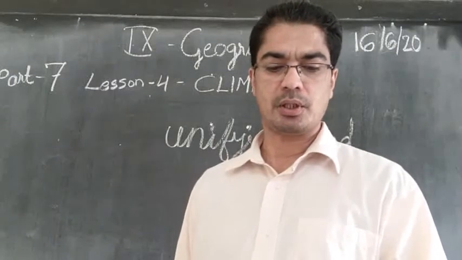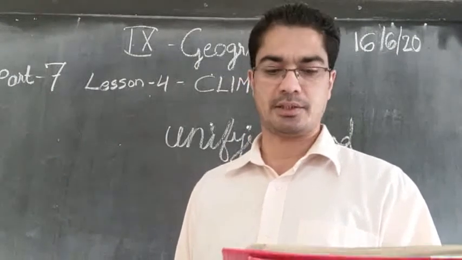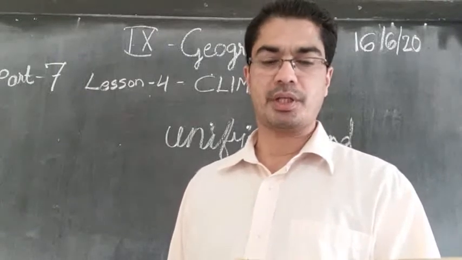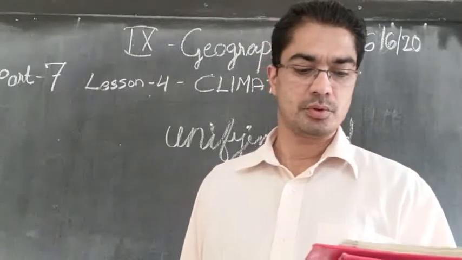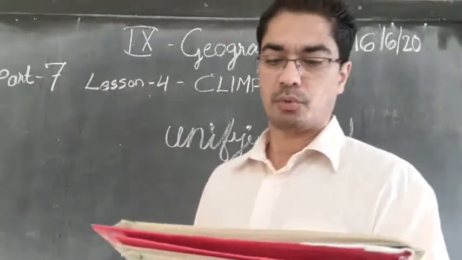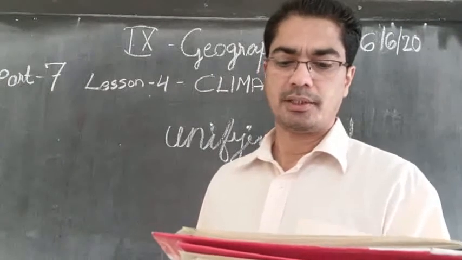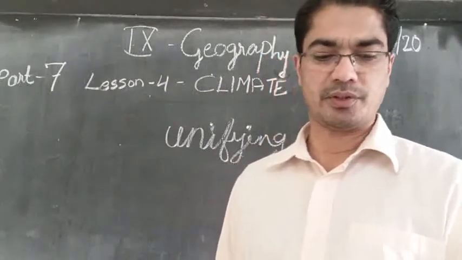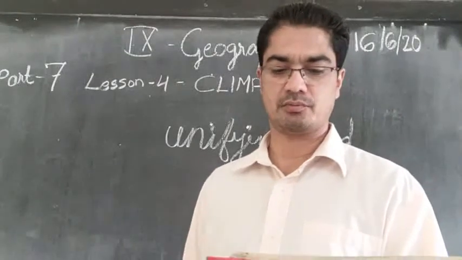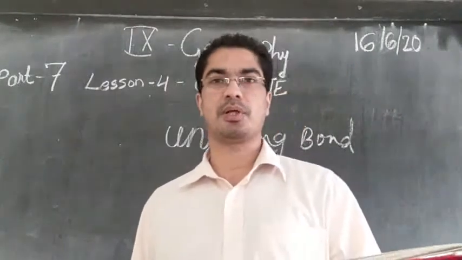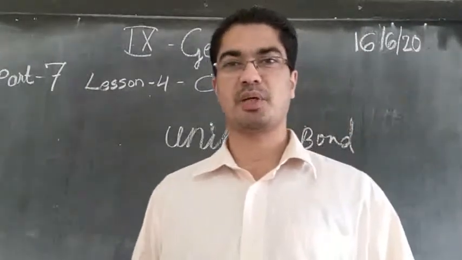Similarly, the peninsular plateau under the influence of the sea from three sides has moderating temperatures. So long as we are talking about the northern plain, it is protected by the Himalayas.